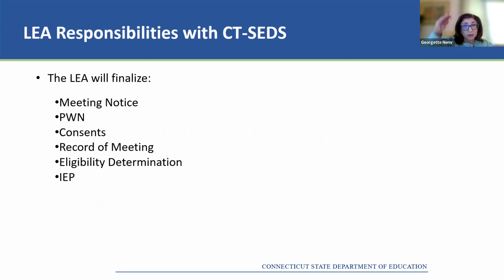Between the user types chart, and if you go back to those user type charts, you'll see in some of those columns who can finalize what. Well, the APSEPs cannot finalize meeting notice, prior written notice, consents, record of meeting, eligibility determination, or the IEP. So those are out of your hands.